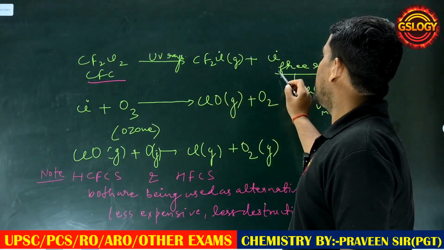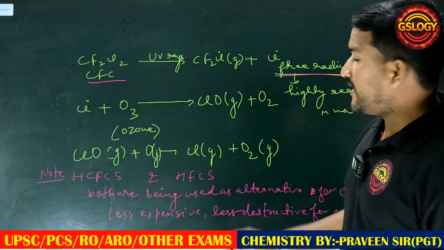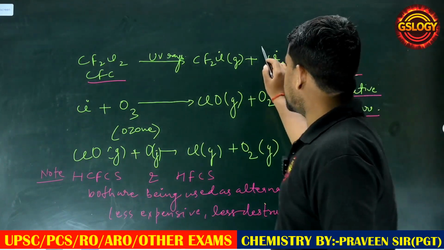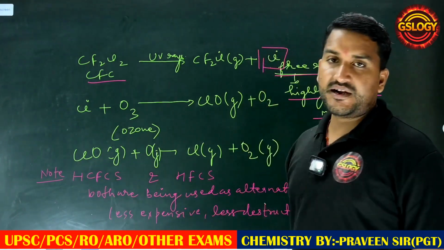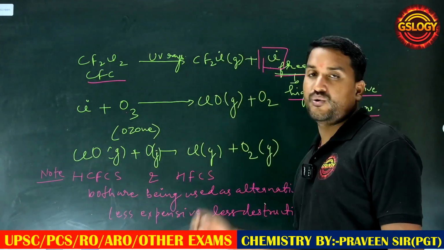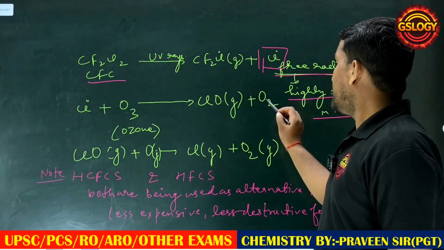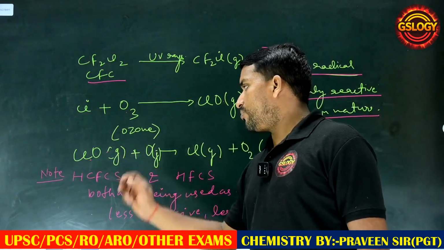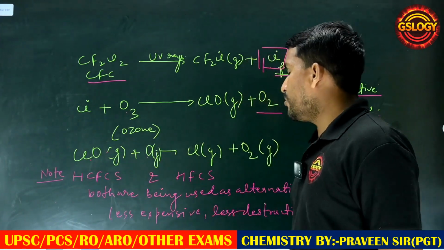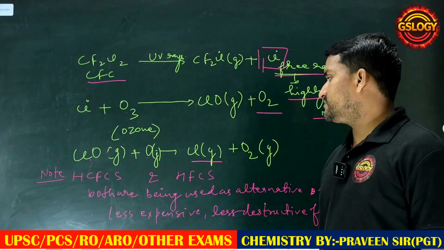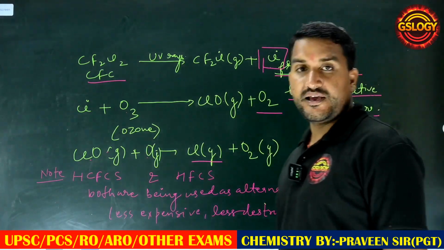The Cl free radical is highly reactive and reacts with ozone to give ClO and free oxygen, and further ClO reacts with O to give chlorine and oxygen gas. Clear?